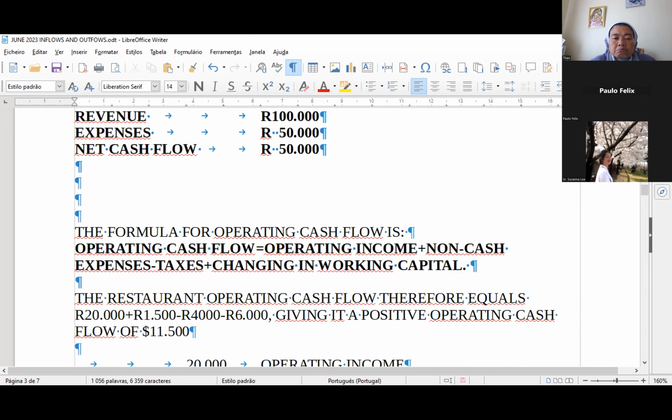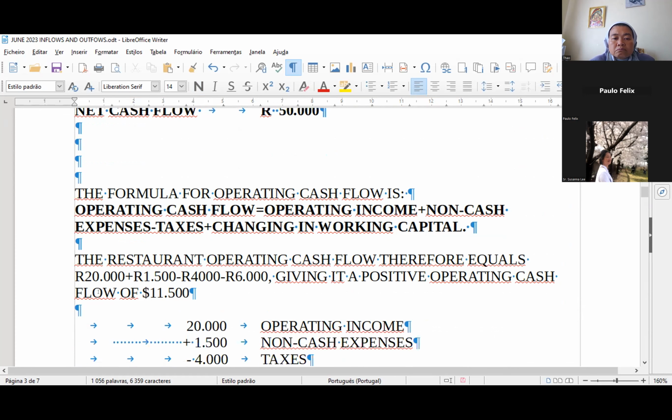The formula for operating cash flow is: operating cash flow equals operating income plus non-cash expenses, less taxes, plus changes in working capital. So imagine a restaurant whose operating cash flow equals 20,000 of operating income, plus 1,500 of non-cash expenses, less 4,000 of taxes, and in this case, less 6,000 of changes in working capital.